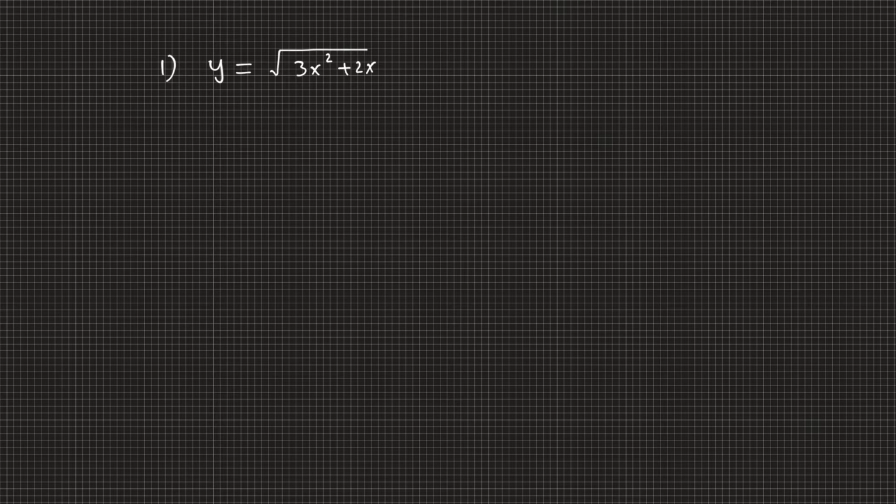Given a function y equals the square root of 3x squared plus 2x, write y as a composition of functions f and g.